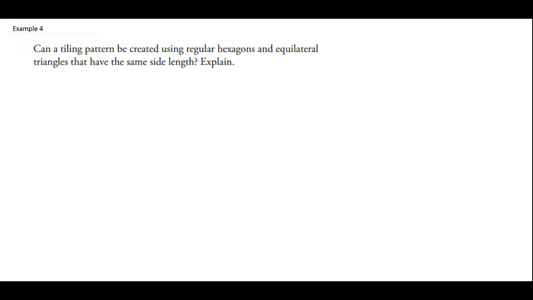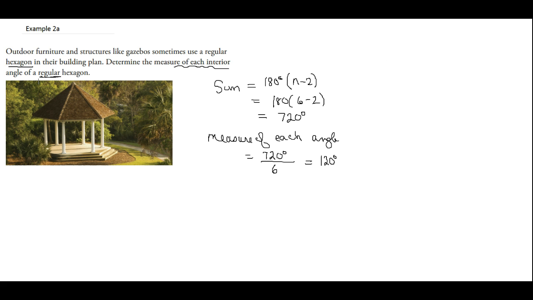Can a tiling pattern be created using regular hexagons and equilateral triangles, and all of them having the same side? Well, remember, we just did a question back here. All right, a hexagon, each angle in the hexagon is 120 degrees. So we don't have to do that calculation again.